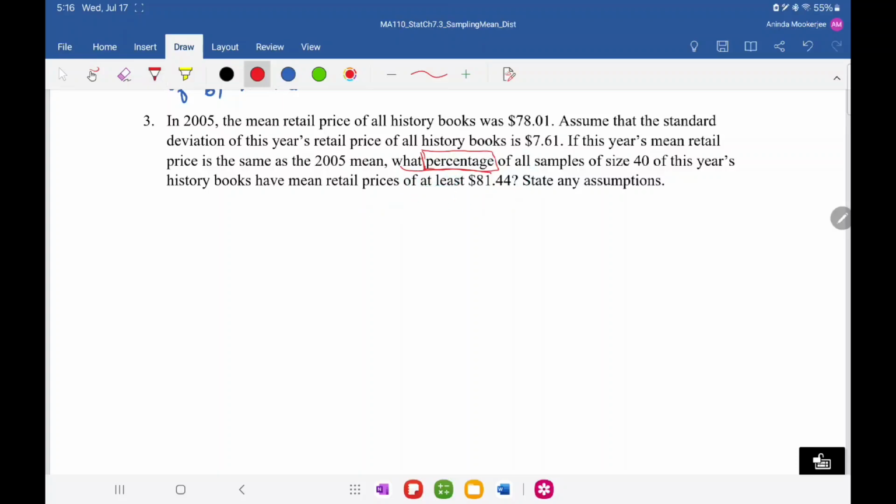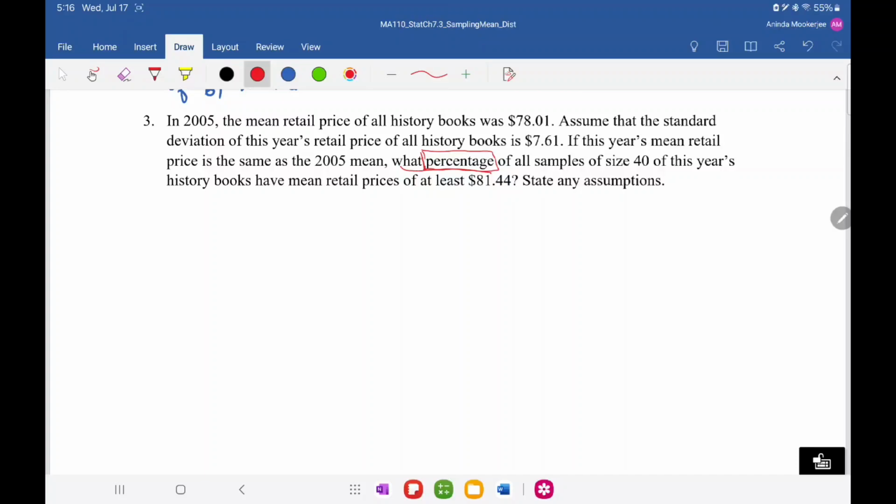And area immediately tells us that we need to look into a table, the area under a standard normal curve rather.